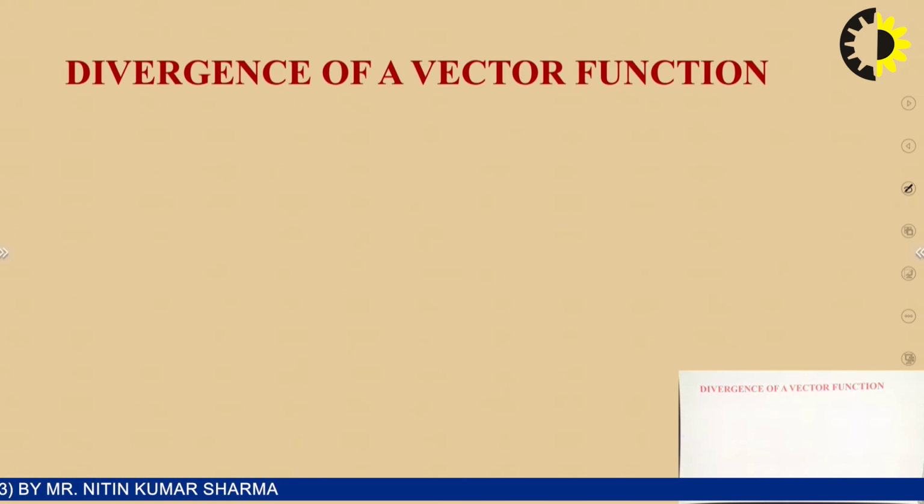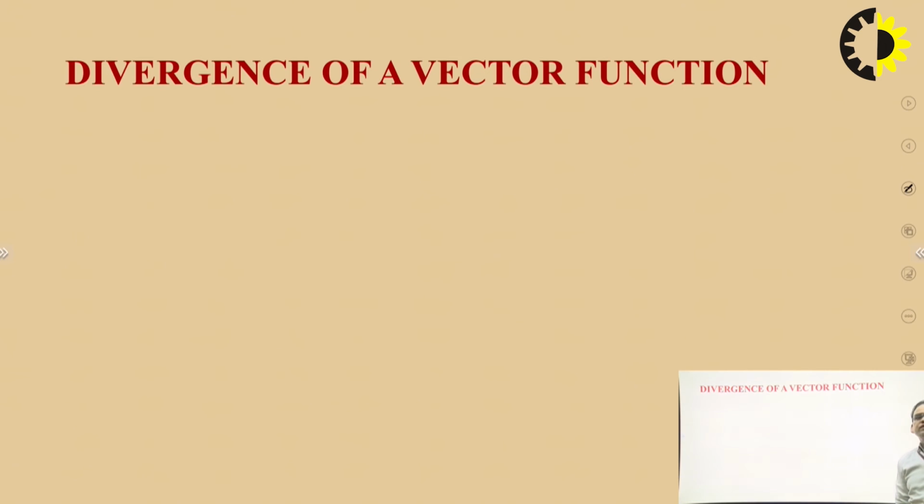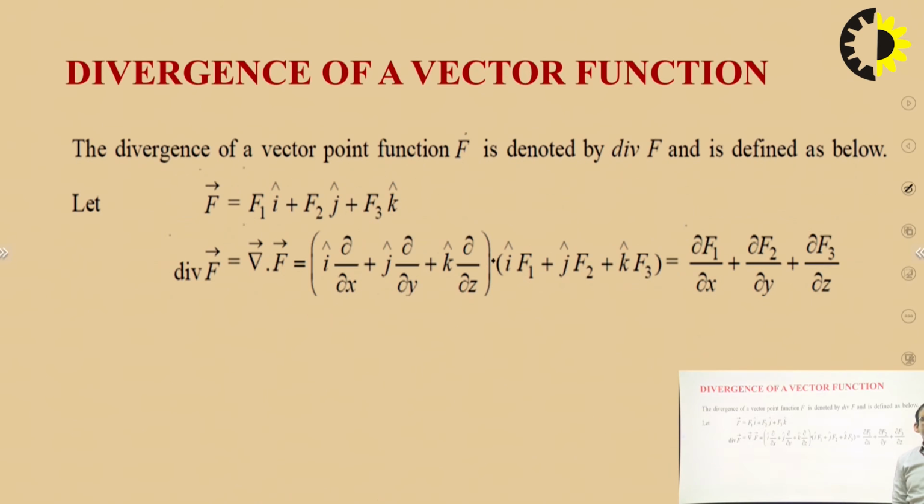Now the next is divergence of a vector. It is another application of vector differentiation, and now we are moving toward vector functions. The divergence of a vector point function is defined by divergence of f, also denoted by del dot f, and this is the definition of del.